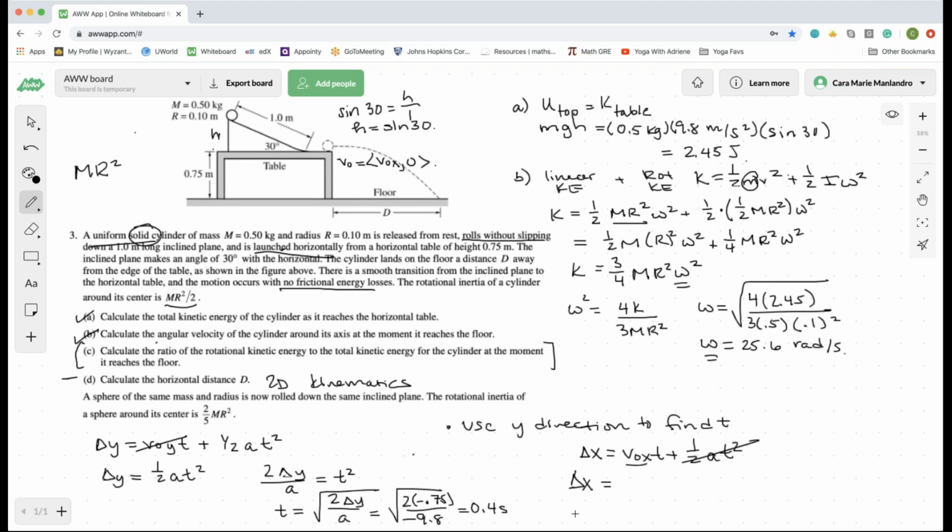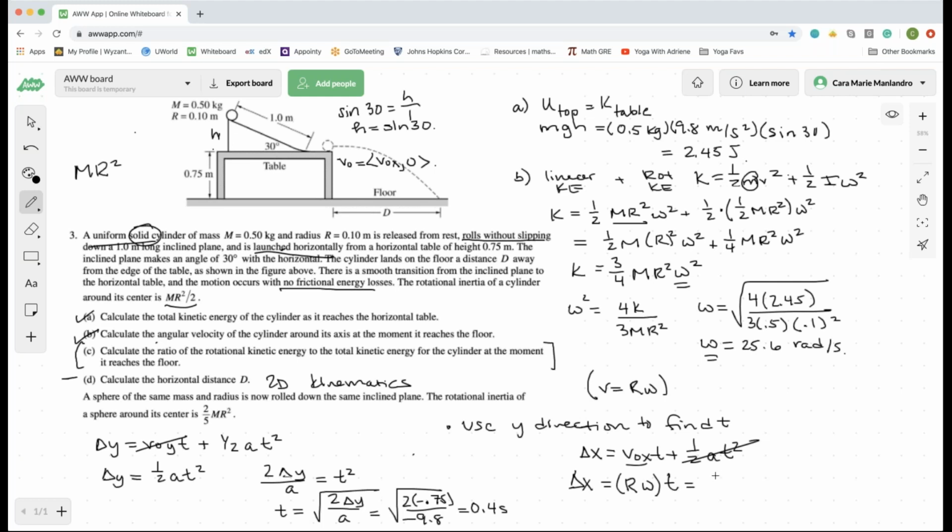All right, and then change in x. What is linear velocity compared to my angular velocity? So v is equal to r omega, right? And then t.